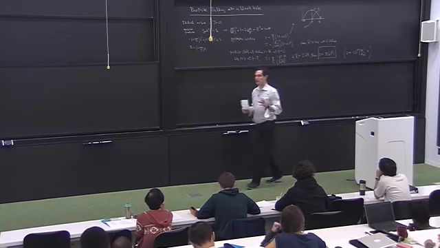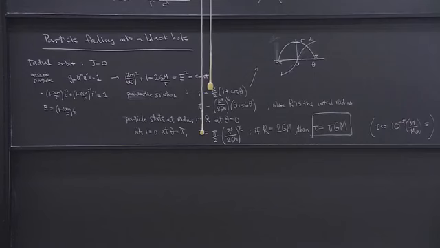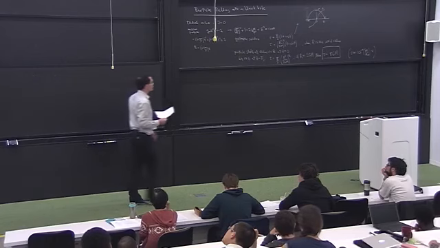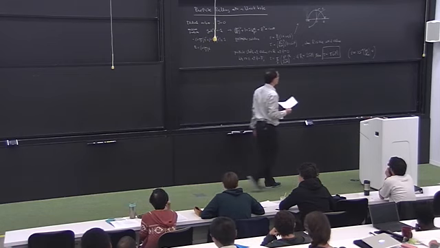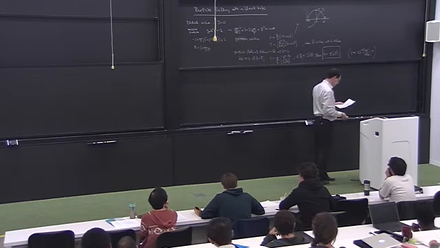So for a black hole of mass equal to the mass of the sun, you've got 10 microseconds before you hit the singularity. For the black hole in the center of the galaxy, you've got about 10 seconds before you hit the singularity.